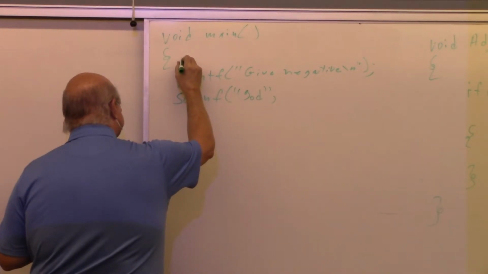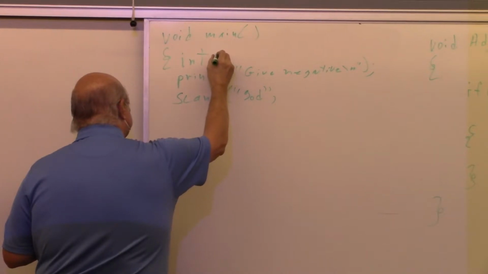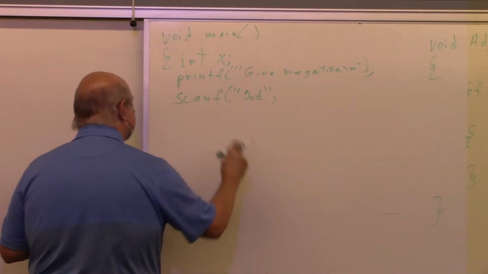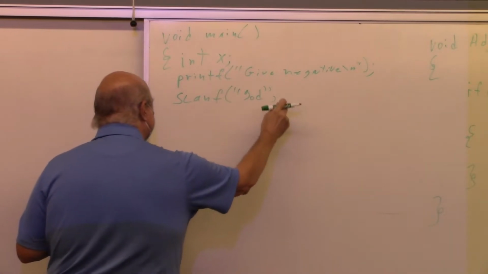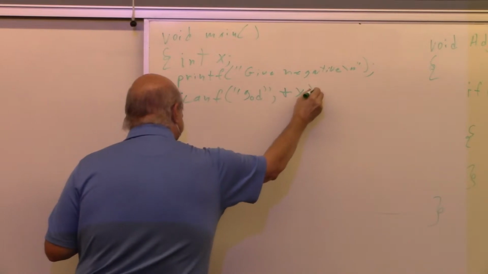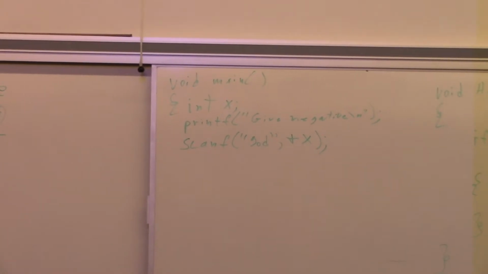Before that, you've got to do int number. Well, it doesn't really matter too much. Then for the second argument, you put ampersand x. Quote, yeah. Okay. Any questions?